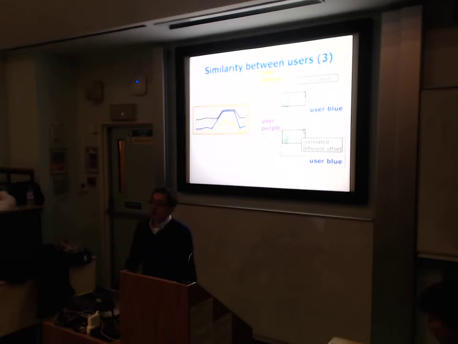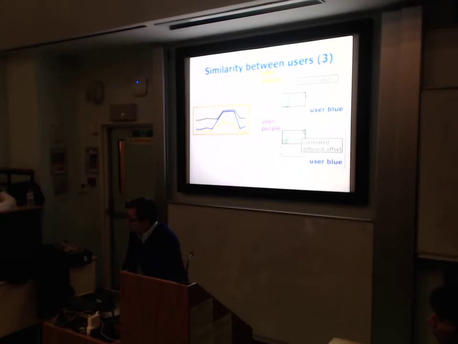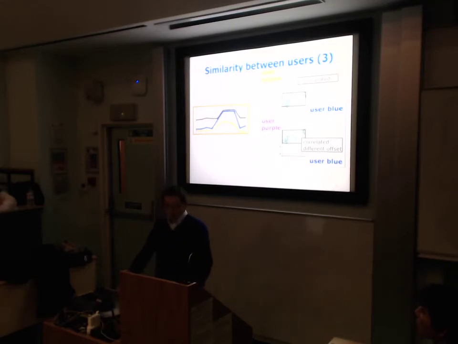So why do users have a different offset? We have different rating thresholds. I like to rate higher than average. So some users might have a general preference.